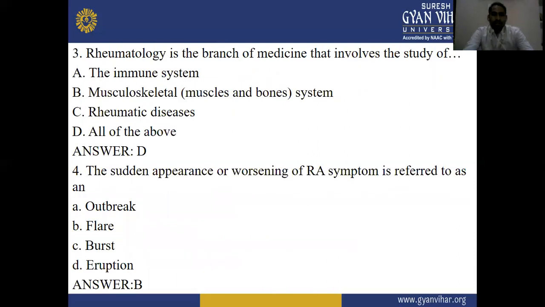Next question. Rheumatology is the branch of medicine that involves the study of, option A, the immune system, option B, musculoskeletal muscles and bone systems, and option C, rheumatic disease, and option D, all of the above.